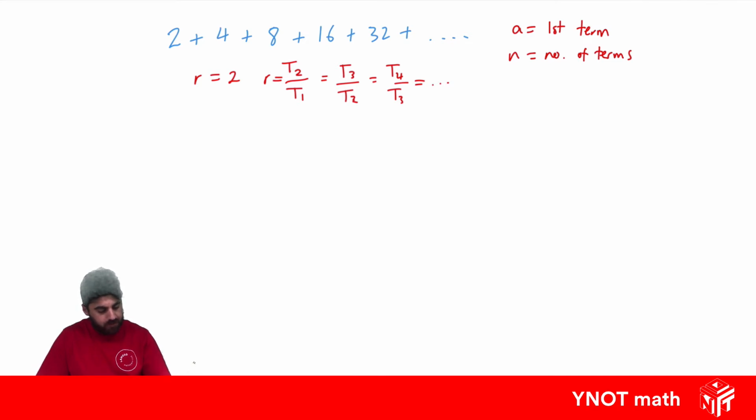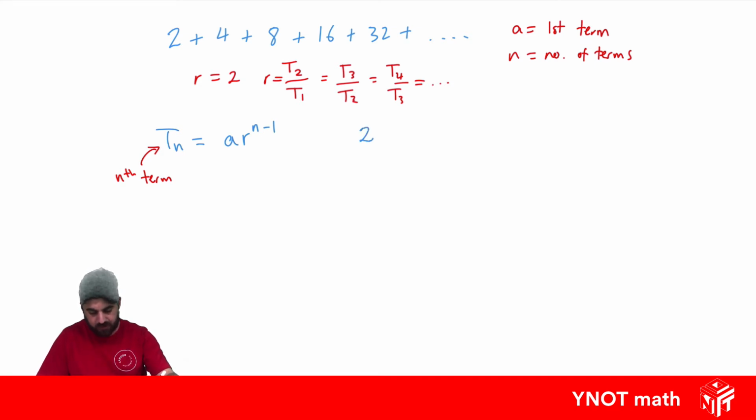And to get any term in the series, we have a formula that Tn equals a times r to the power of n minus 1. So this, again, is the nth term in our series, and a is the first term and r is the common ratio, and n is the number of terms. Let's have a look at how we can use that term formula.